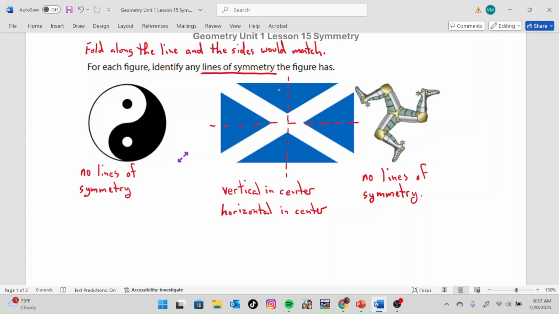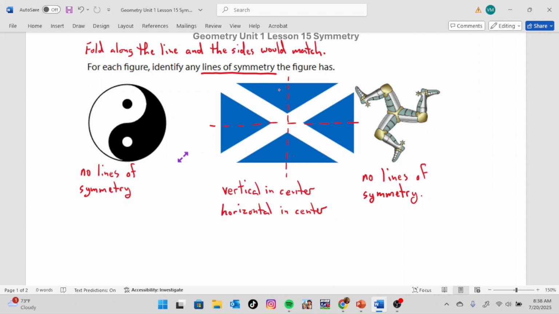And if it was a thin sheet of paper and I had drawn in like black marker, then I could fold them over and I could hold that folded up piece of paper to the light and I would see one shape because one side would be laying directly on top of the other.